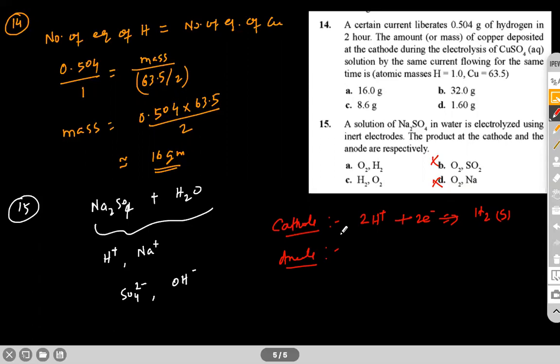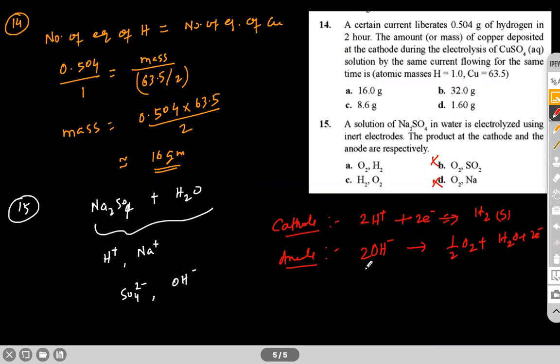When we have very low concentration, then OH minus will get oxidized and it converts into half of O2 plus H2O plus 2 electron.